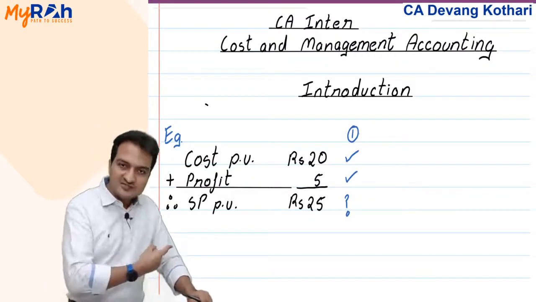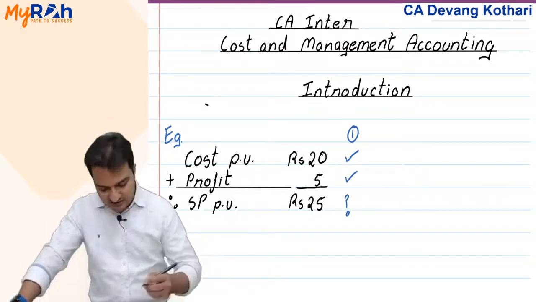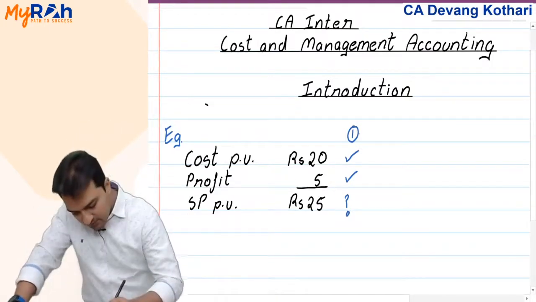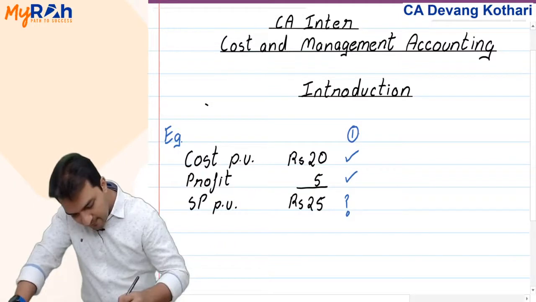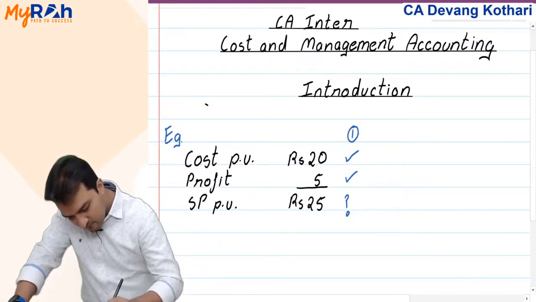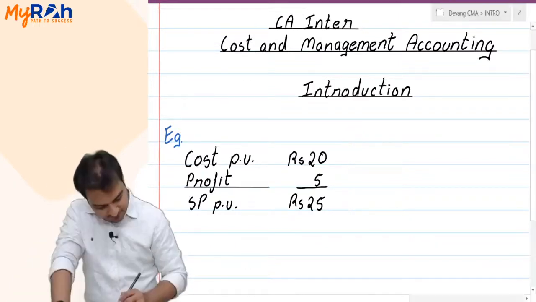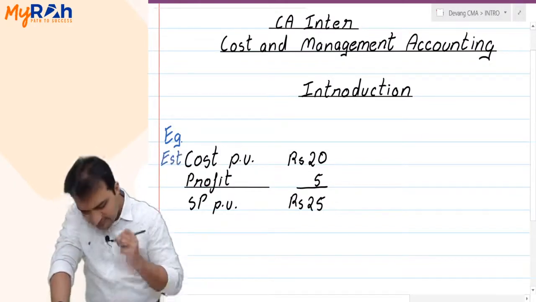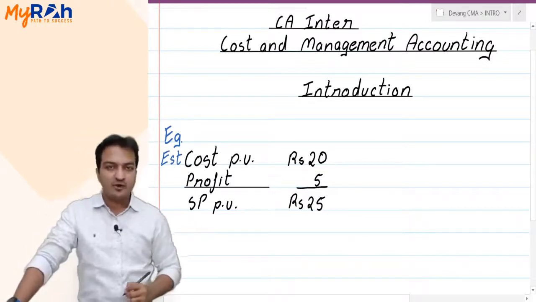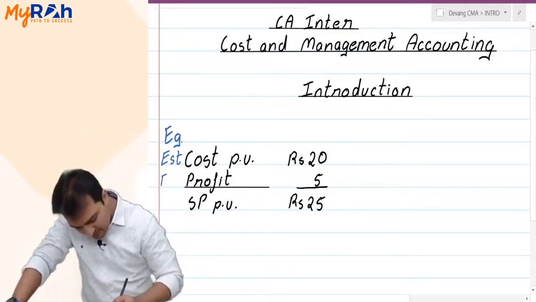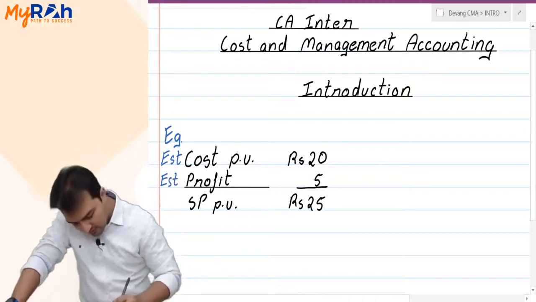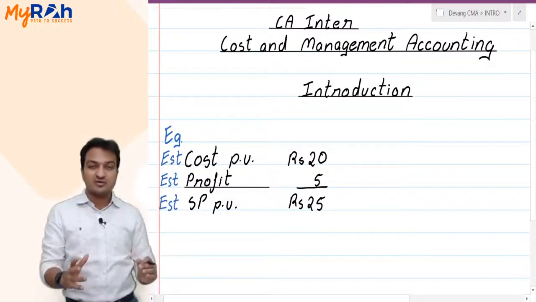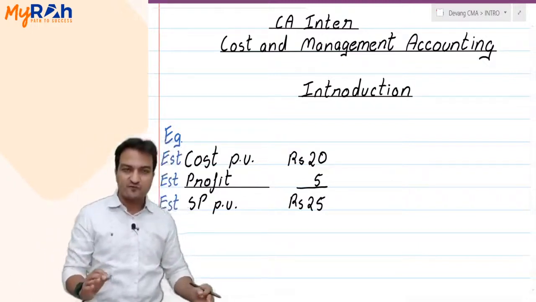While in cost accounting, whatever cost calculations I do here, everything you see over here will be purely based on estimates. So the cost I write here will be estimated cost, plus estimated profit will give me the estimated selling price per unit.